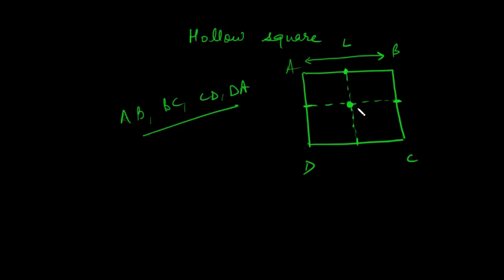So this is the center of mass. Alright. So if this were solid, and if I were to apply a force over here, the square would be balanced. Alright. This is a very simple approach. We can do it very simply.